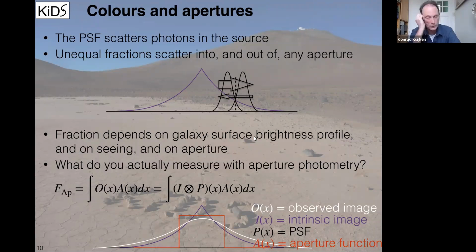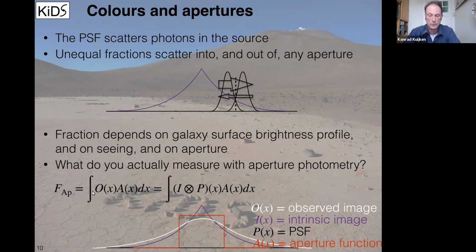So mathematically, what you actually measure when you do aperture photometry is this integral here. The aperture flux is just the integral over your observed surface brightness profile, O, multiplied by some aperture function, integrated over the whole sky, because the aperture function is going to be 0 at large radii.